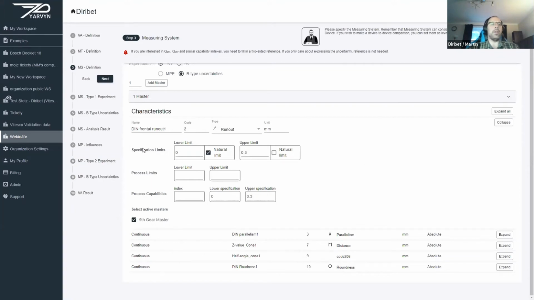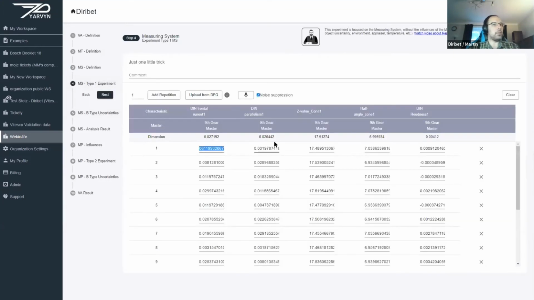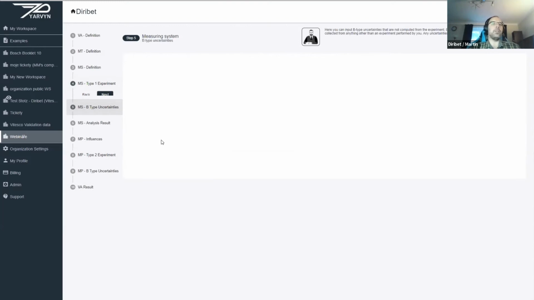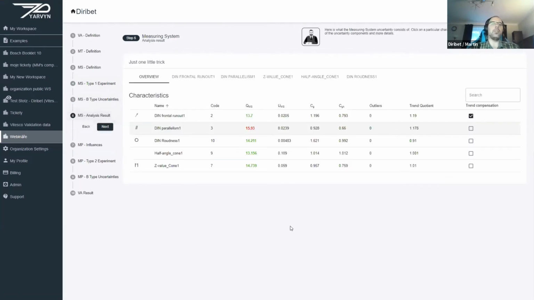So we have some limits, and we have one master with the reference values. So this is the Validation Act we will work with. We have performed the measurements. In this case, it's some kind of 3D measurement system. And here we get the results.